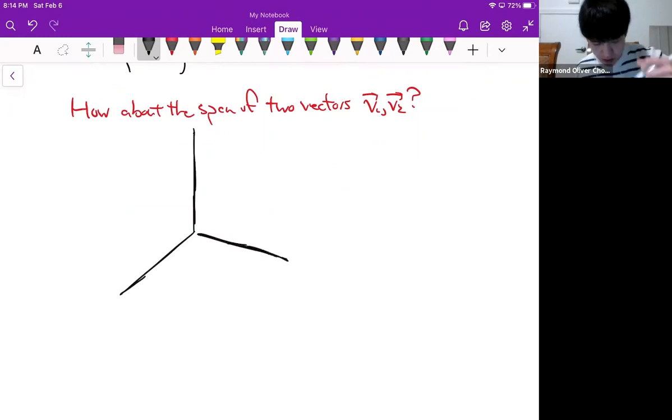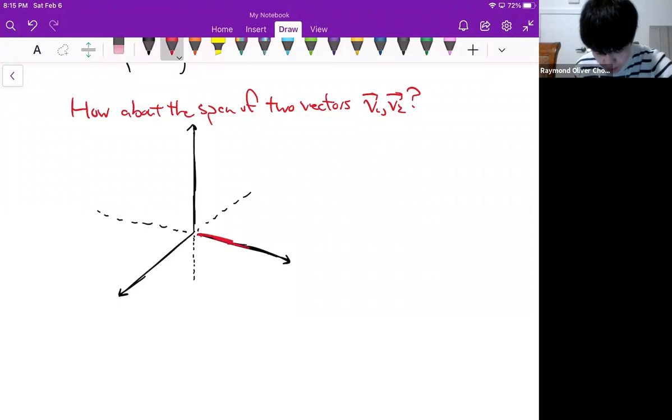And for my convenience, we are going to make them pretty easy to draw lines. Okay, so let's say this is v1, right? And let's say this is v2. Just picking a really easy example because you can always rotate the picture however you like.